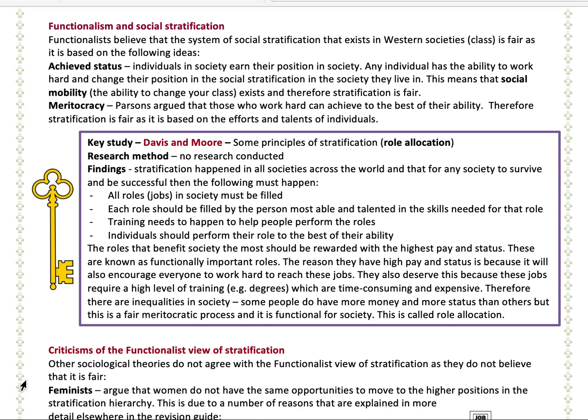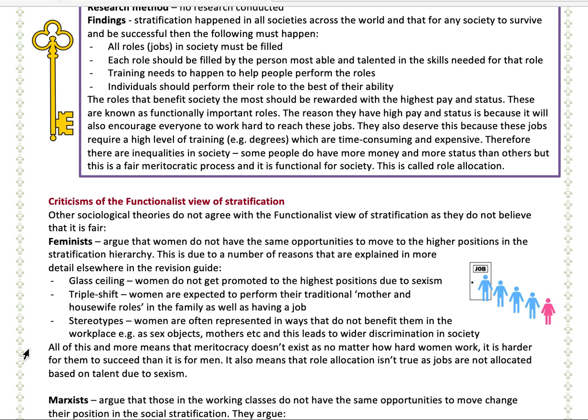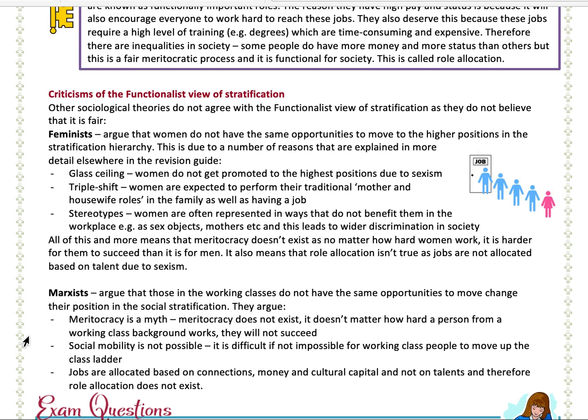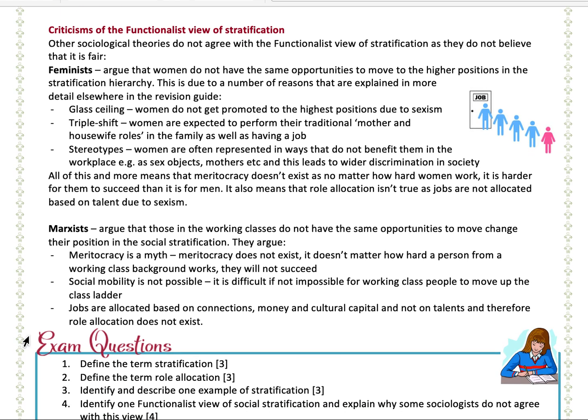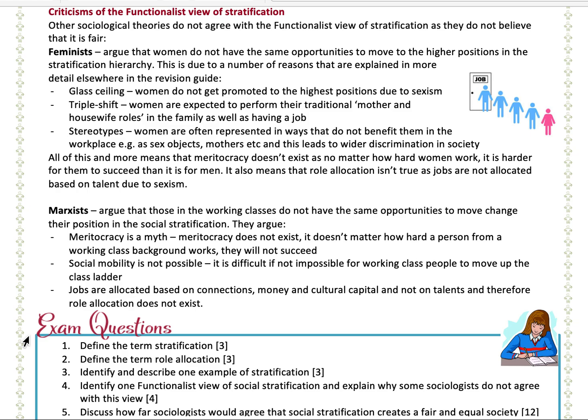The other side of the argument is that it's not fair. Feminists disagree. They believe that our stratification system is more closed. Men have more ascribed status than women do. The different points you can make about that are the idea of the glass ceiling: despite women's hard work, there is a barrier preventing them from achieving promotions. Women have to perform a triple shift, so they still have to perform their housewife and mother duties, as well as having a paid role.